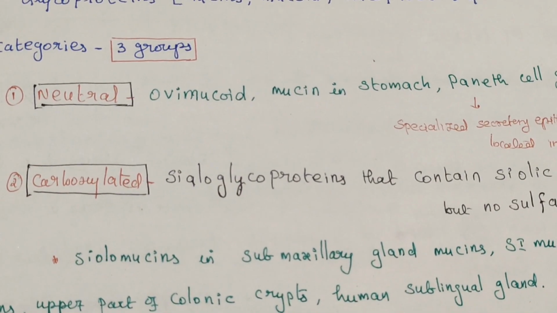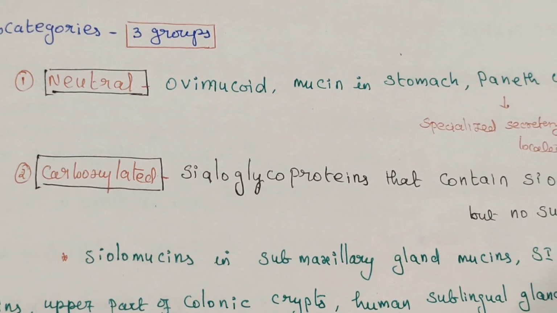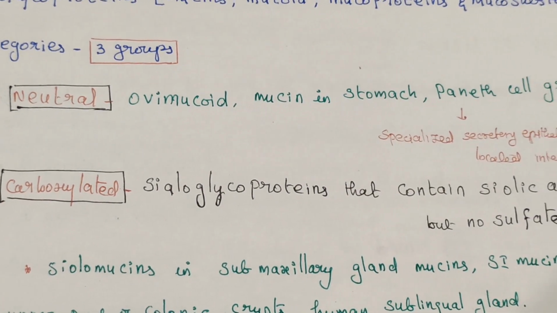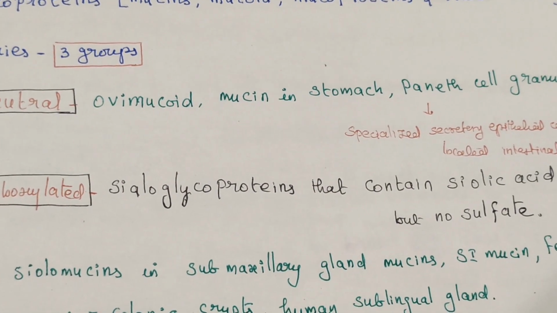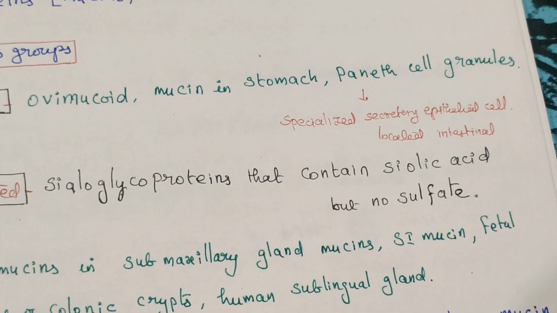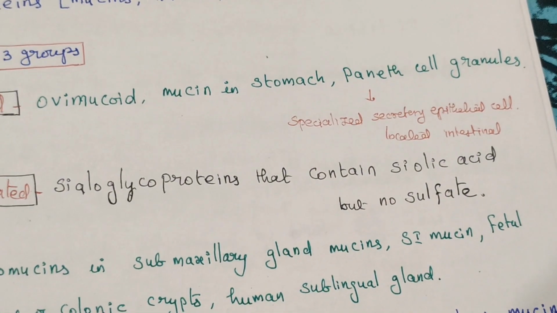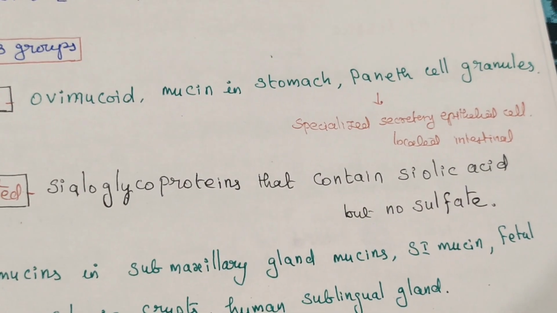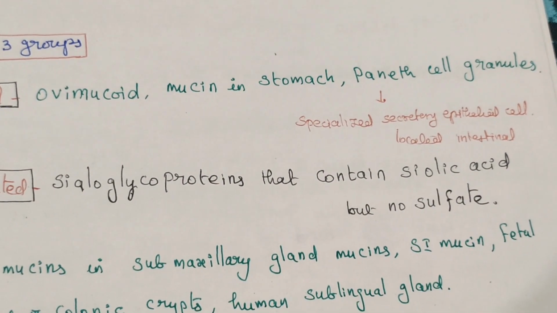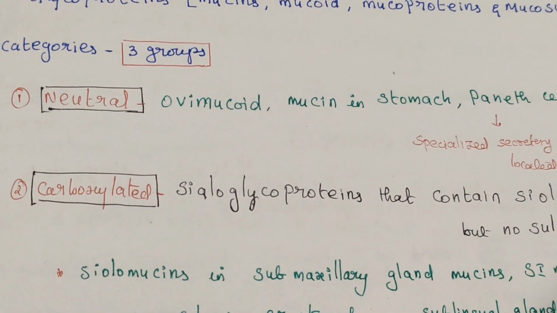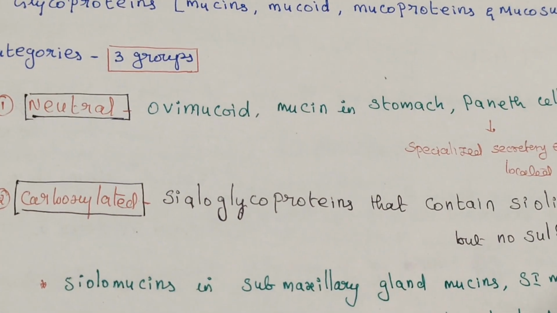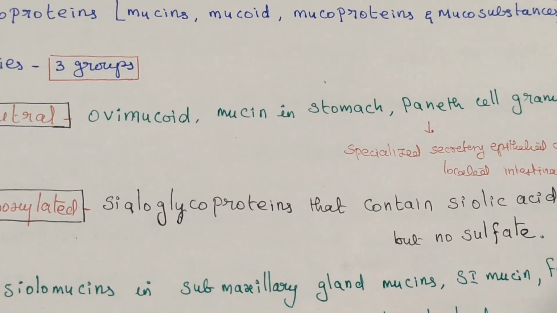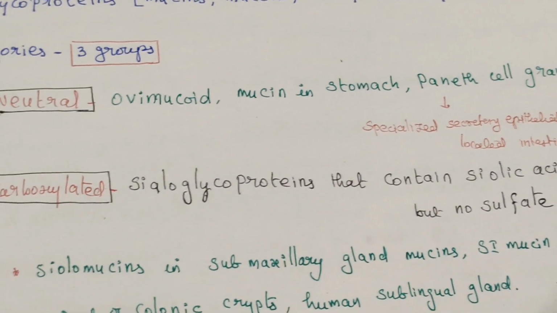The neutral category contains ovomucoid, mucin in stomach and Brunner's gland granules, a specialized secretory epithelial cell located in our intestine.